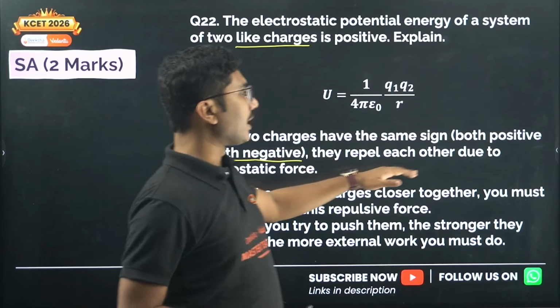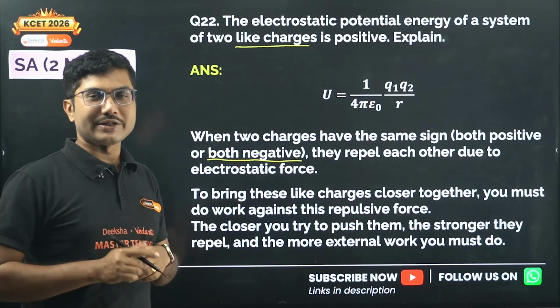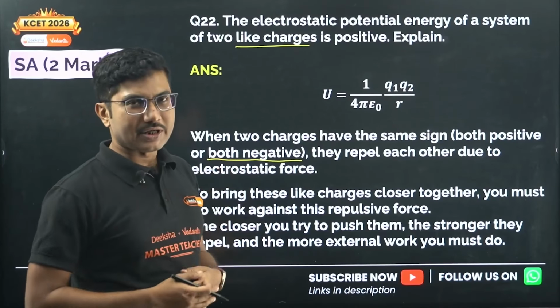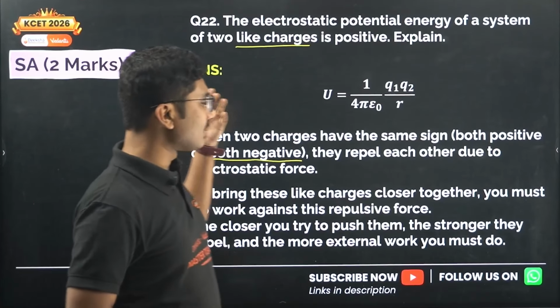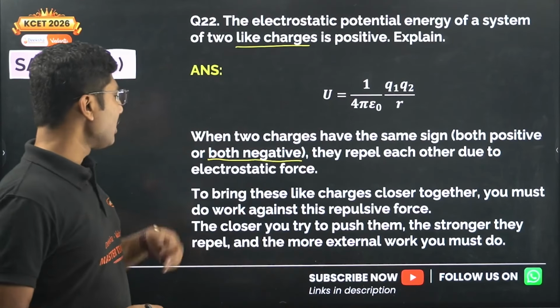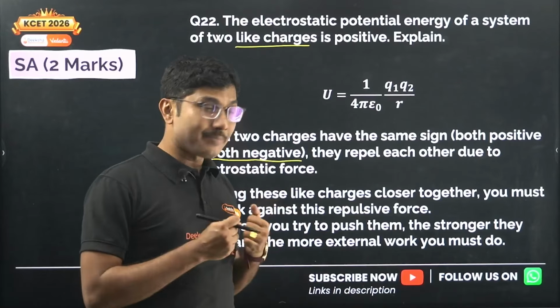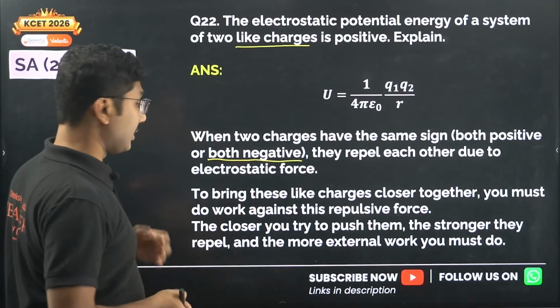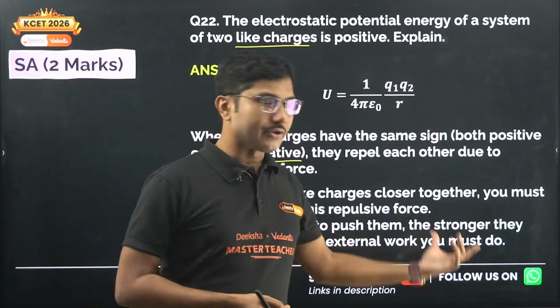They repel each other due to electrostatic force. So when you keep two like charges near each other, they repel each other due to Coulomb electrostatic force. To bring these like charges closer together, you must do work against this repulsive force. The closer you try to bring them, the stronger the repulsive force becomes, and the more external work you need to do.